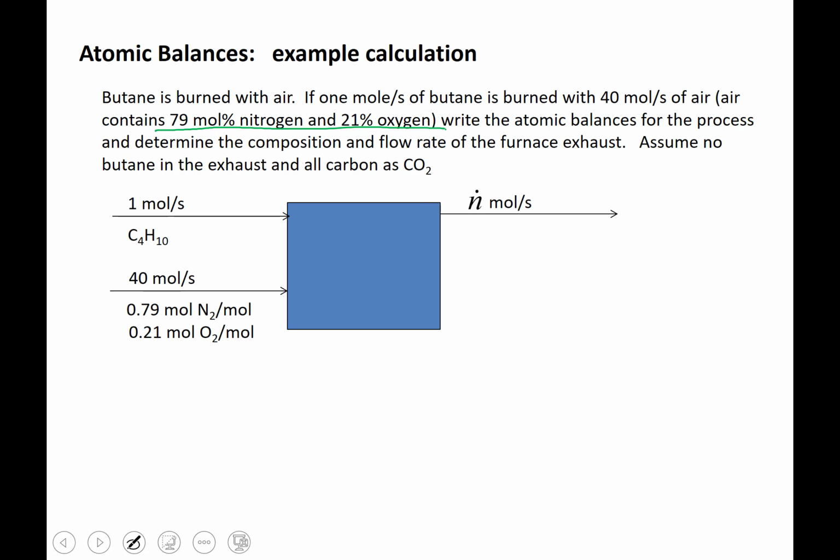Assume no butane in the exhaust. That means no fuel left in the exhaust, which means we have 100% conversion of the fuel.